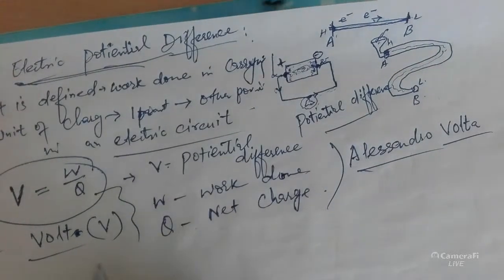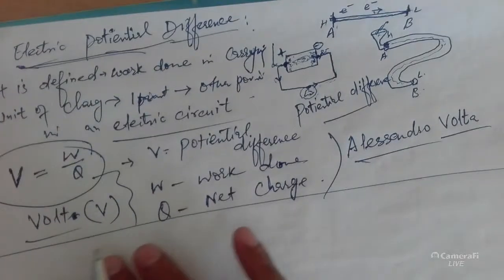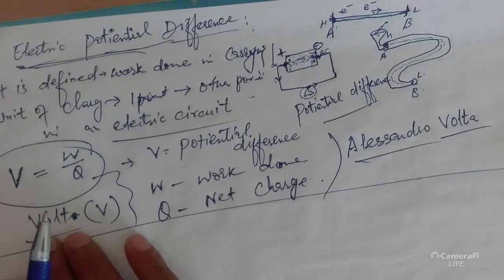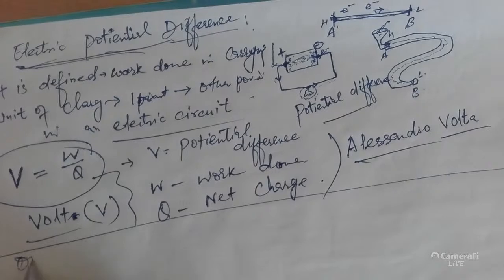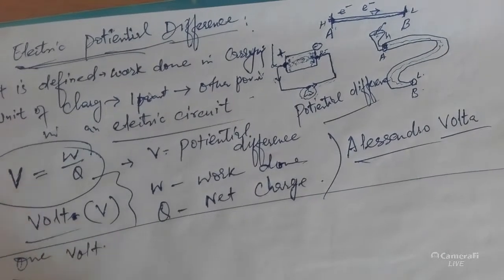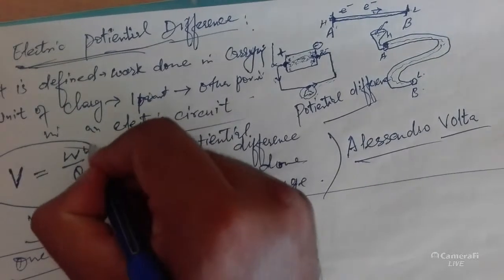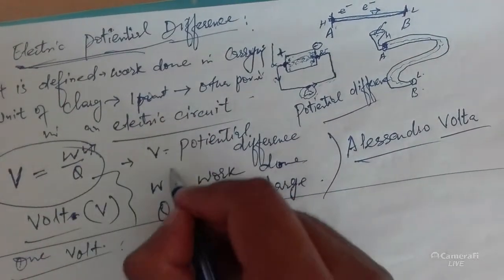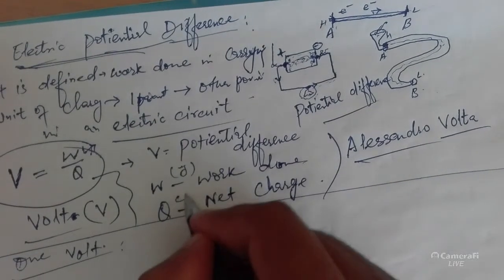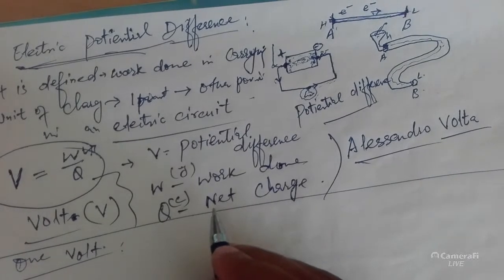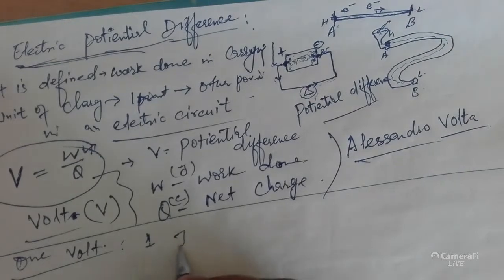Now, as we saw there for 1 unit of current, here also what does 1 volt mean? We know that the unit of work is joule and the unit of charge is coulomb.